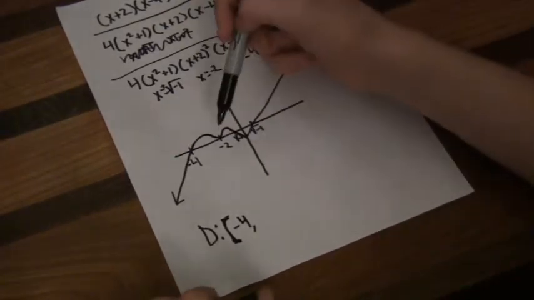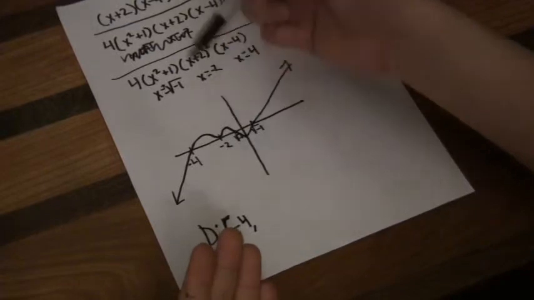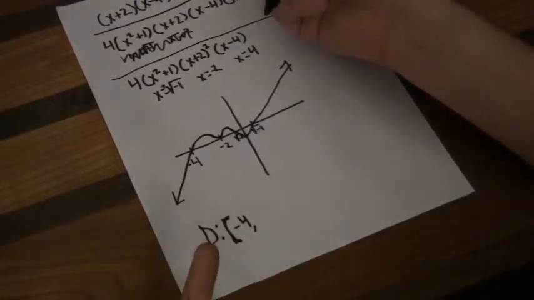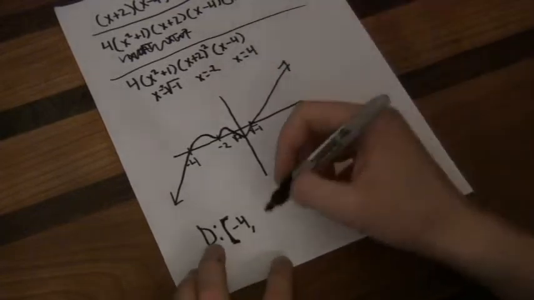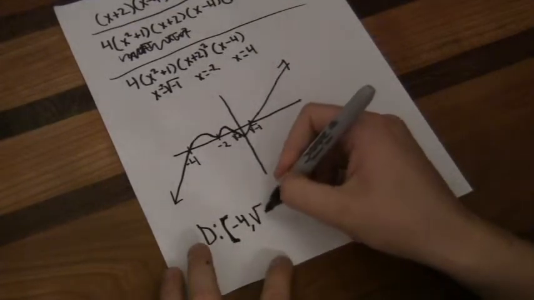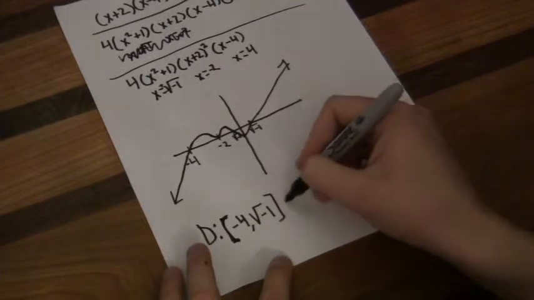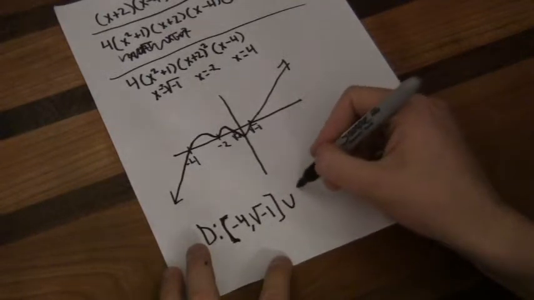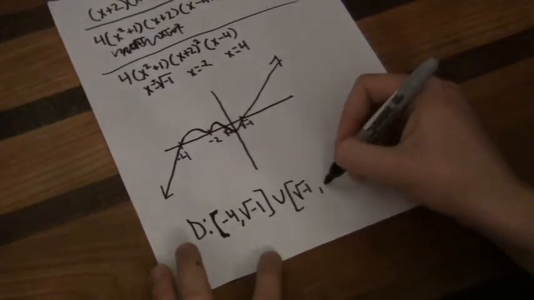Now, it doesn't actually go below the x-axis at that -2. It bounces off of it. So really, the first time it goes under the x-axis is at that square root of -1. We're going to do a union. And then it starts off at square root of that -1 again, and goes off into infinity.